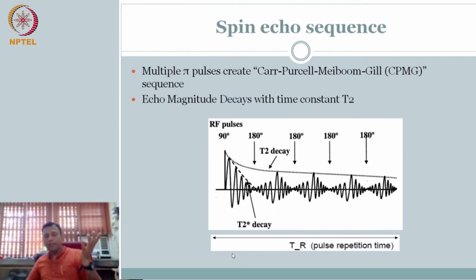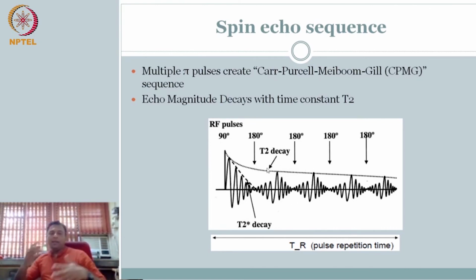So at that time, what I will do is allow it to go back completely and then put the 90-degree pulse again. So the time to hit the next 90-degree pulse is called the pulse repetition time. You notice this is just to illustrate that you can manipulate the pulse repetition time. You can manipulate whether you want an echo signal, and how many times you want the echo signal.